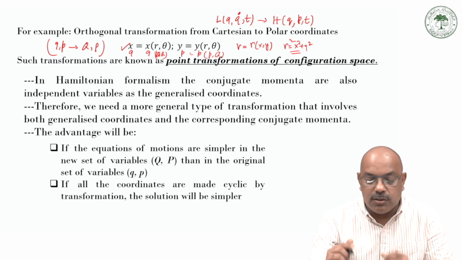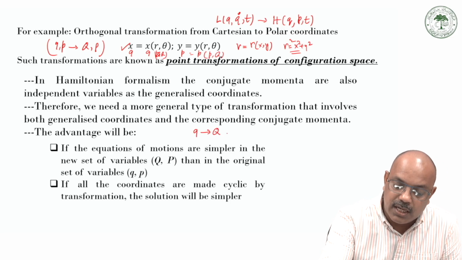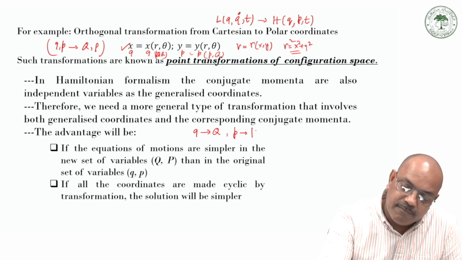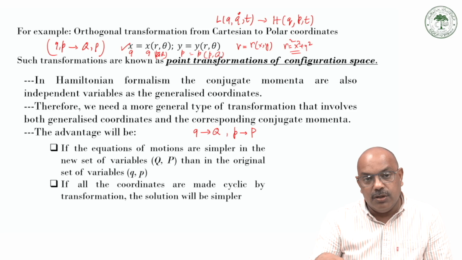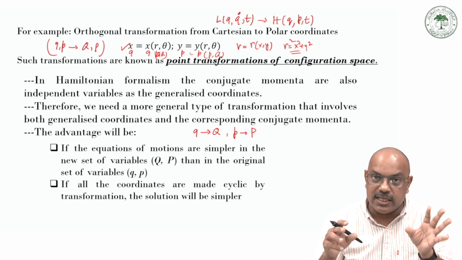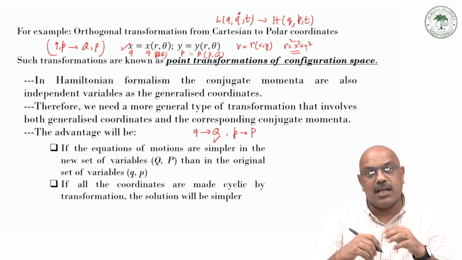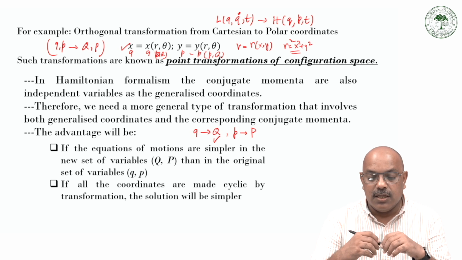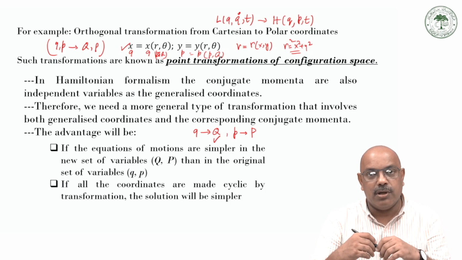Because Q and P are totally independent, my transformation should also give small p to capital P, so that the equations become simpler. An additional advantage is that if the transformation makes the generalized coordinate capital Q a cyclic coordinate, then you know that when there is a cyclic coordinate in the Hamiltonian, the equations are simple to solve.